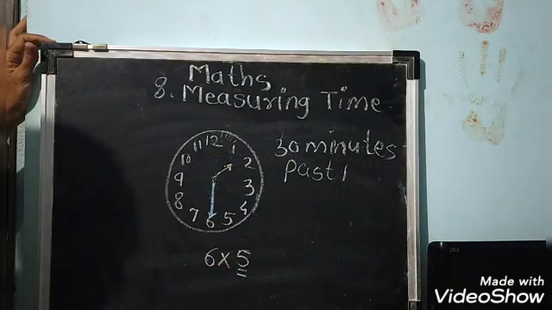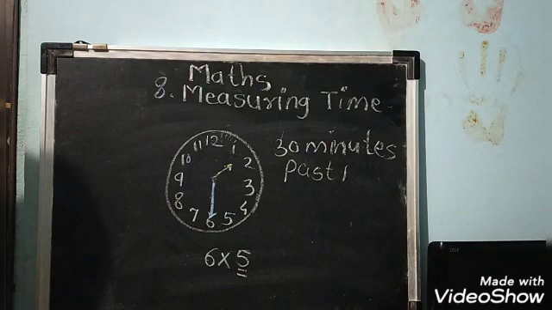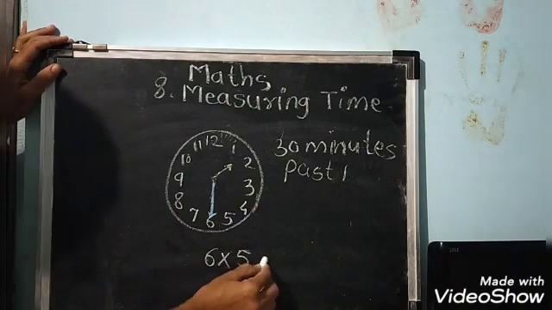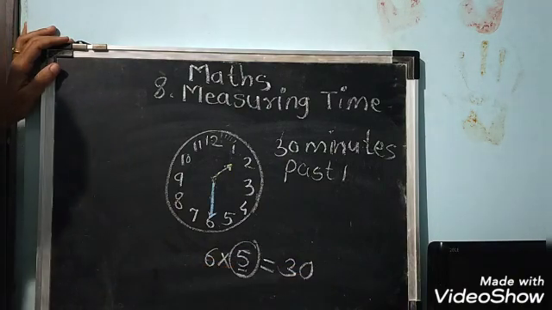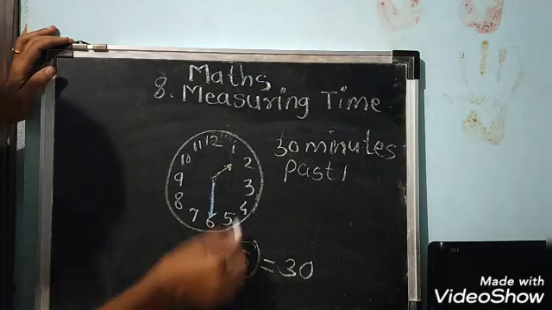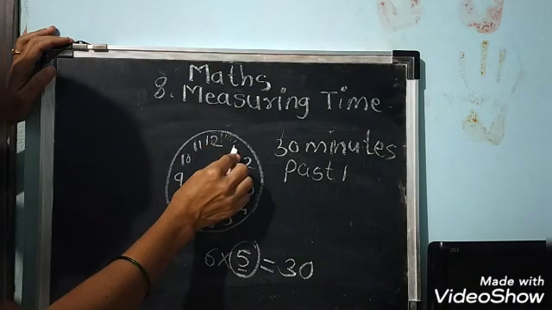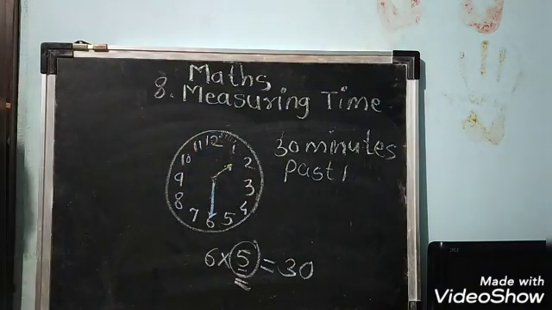To find the minutes, you multiply by 5 the number on which the minute hand is, then you will get the minutes. 6 fives are 30. Why do we have to multiply by 5? Because in between these two numbers 5 lines are there, so we have to multiply by 5.